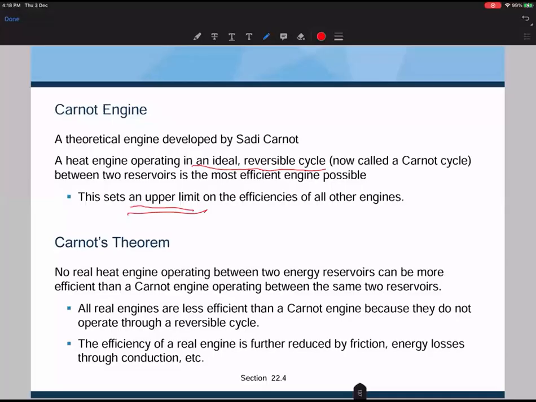Well, the main idea of the video is to show you how the Carnot heat engine cycle works out, and the exact reason why we have this Carnot cycle that gives you the best possible efficiency.